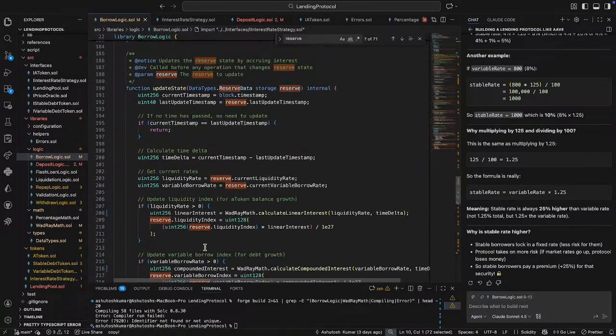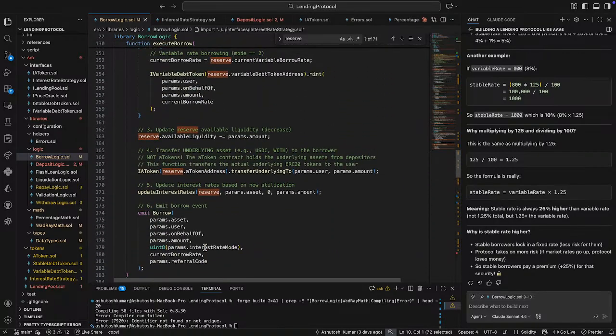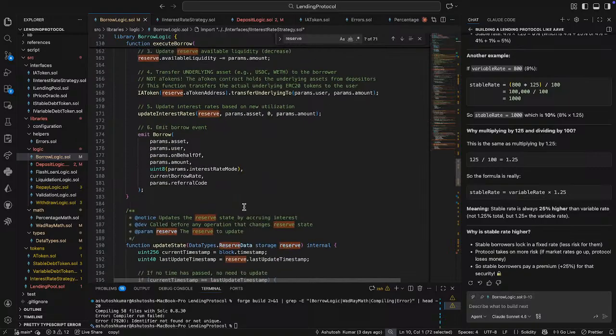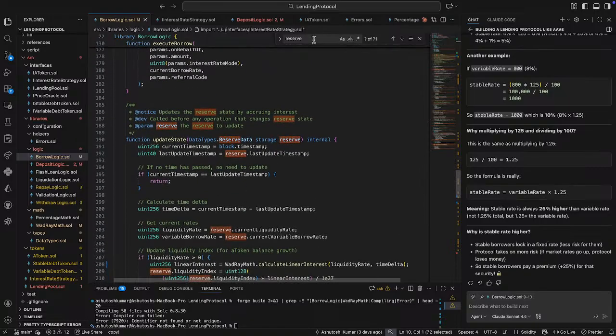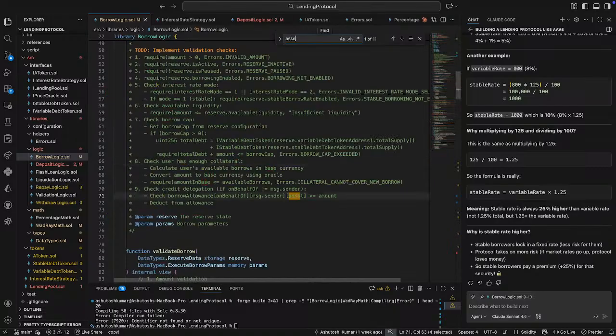And also here, instead of asset, let's say params dot asset. Where are we using asset here? Asset, asset.